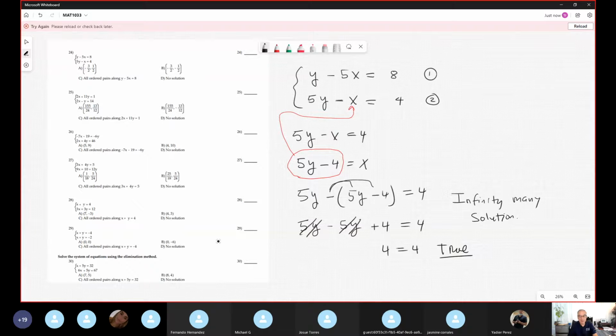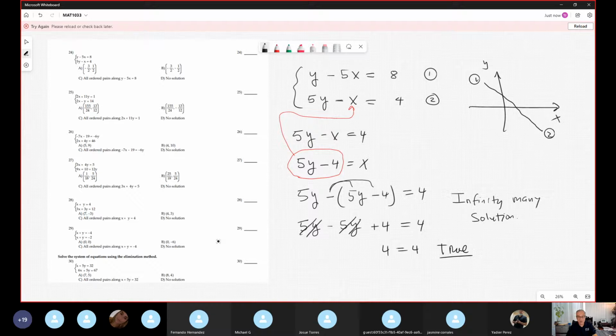Let me explain in detail. It's infinity. What does infinity mean? Infinity is all the xy plane? No. All the xy plane points? No. It's the points on this line 1. By the way, we discover that line 1 and line 2 are identical.